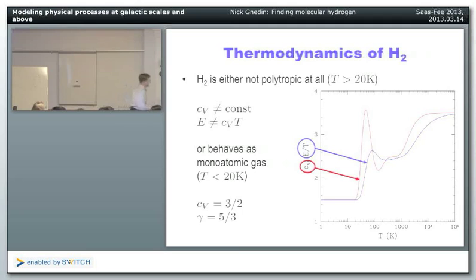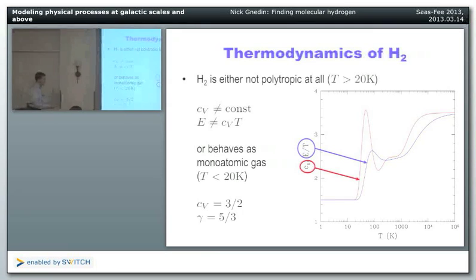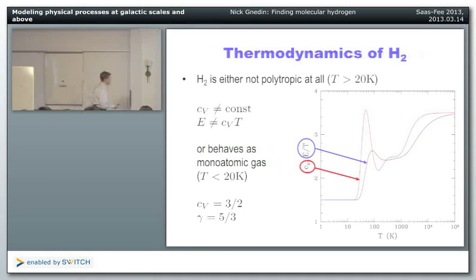So this is C_V as a function of temperature, and this is E over T, which for an ideal gas with constant C_V would be equal. And here they are not, because of the quantum mechanics of H2. So H2 is actually very weird. At temperatures above 20 Kelvin, it doesn't even have any region where it behaves like 5/2.